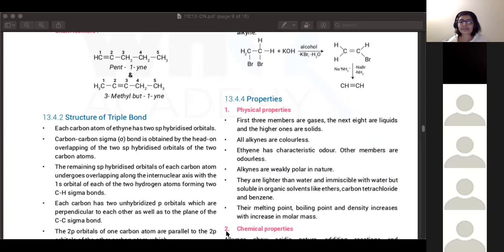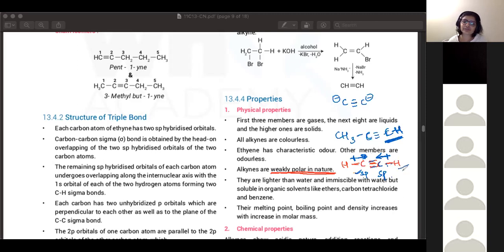Ma'am, but this polarity should cancel each other out, na? Both are in the same direction, so at the center... Yeah, ideally, normally it would cancel each other out, but in the case of ethyne, the electronegativity is strong enough that it gives rise to the weakly acidic nature of ethyne.